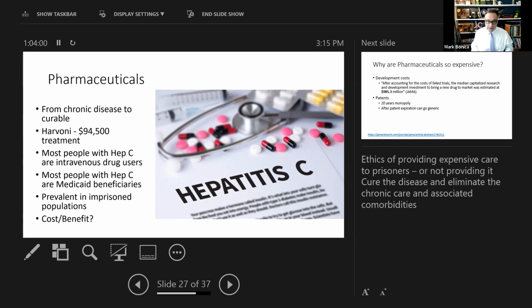Once you had hepatitis C, you were going to have hepatitis C for the rest of your life, right? And so, like HIV, there was no cure. Well, back in around 2013, we came up with our first effective treatment for hepatitis C that would actually cure you, right? But the cost was $94,500.